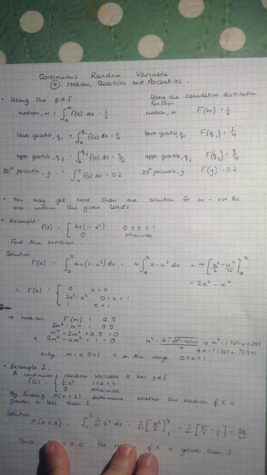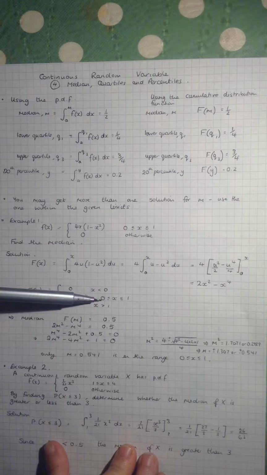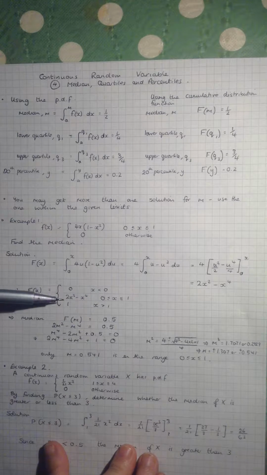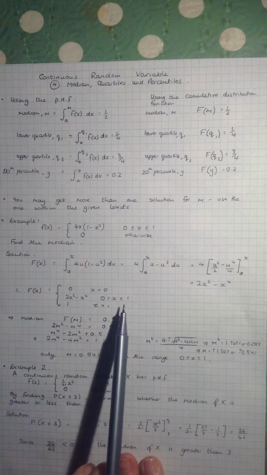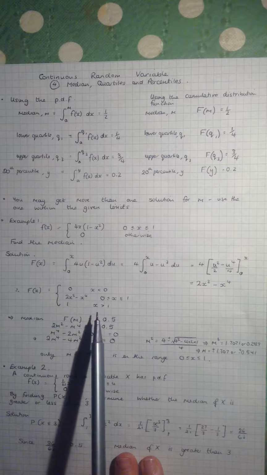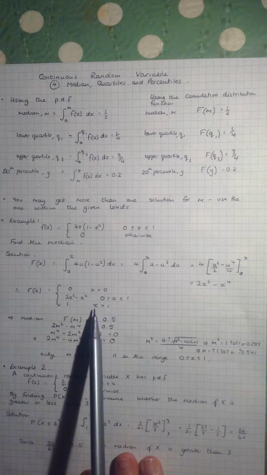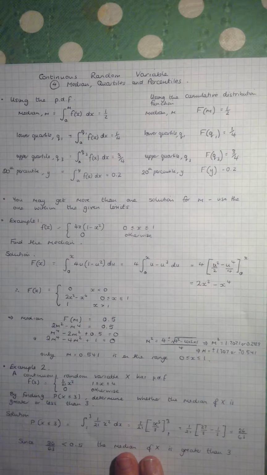So our cumulative distribution function, capital F of x, is 0 for anything less than our lower limit of 0. It's our function 2x squared minus x to the power of 4 for x between 0 and 1, and then it's 1 for x greater than 1.